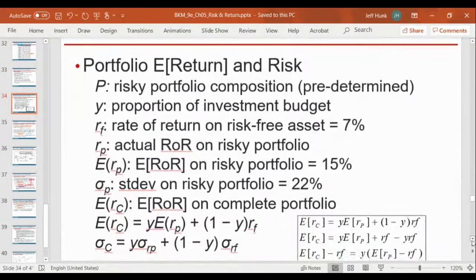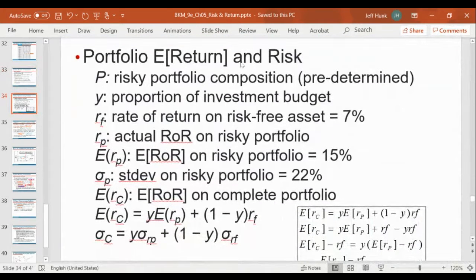And then let's call the risky portfolio P, right? That stands for portfolio.